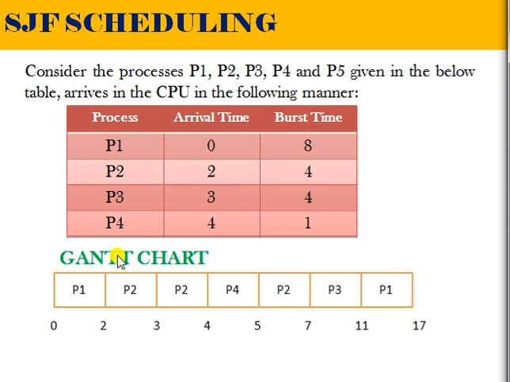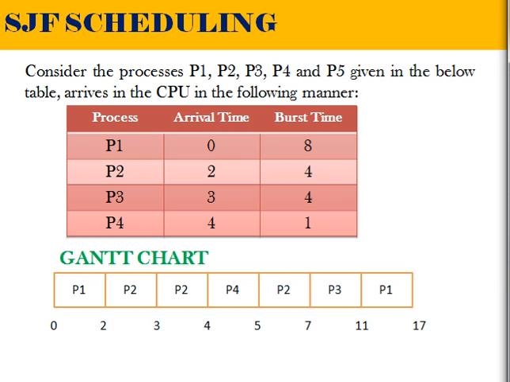The next process P4 arrives at time unit 4. At this arrival, the scheduler will stop the execution of P2 and check which process has the least burst time among the available processes P1, P2, P3 and P4.